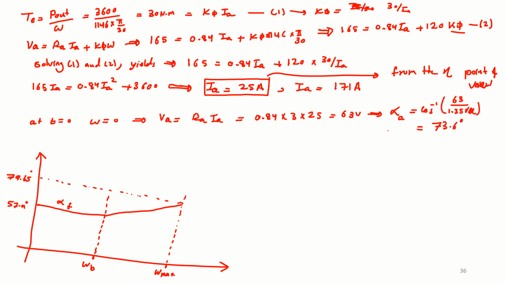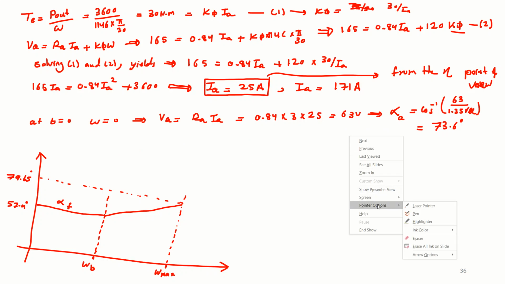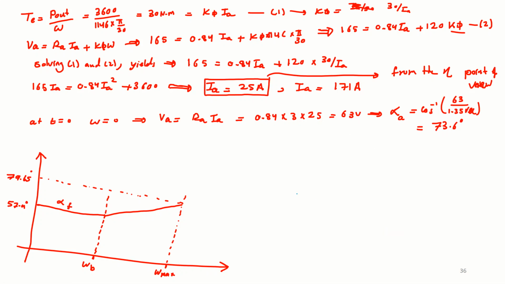Now we'll start with value here. Let's change the color. So we'll start somewhere here. Let's say this value here, and this value is 73.6 until omega base. At omega equal to omega base, V must be V rated.